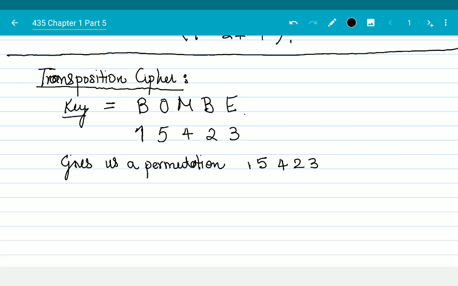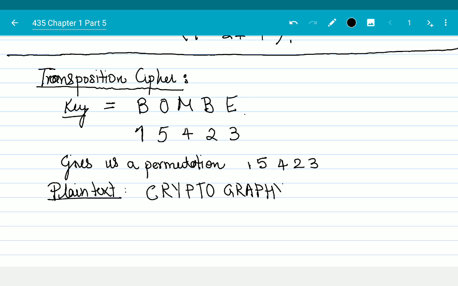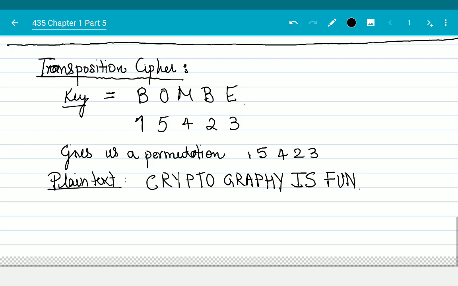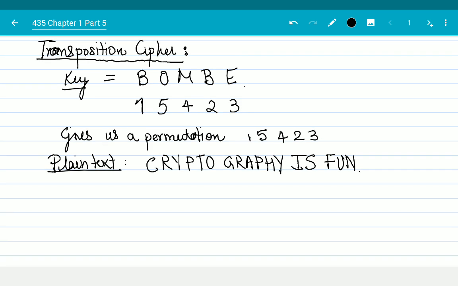Now, let us say the message that you want to encrypt is the plaintext "cryptography is fun." This is a long message. How do we encrypt it using this method?